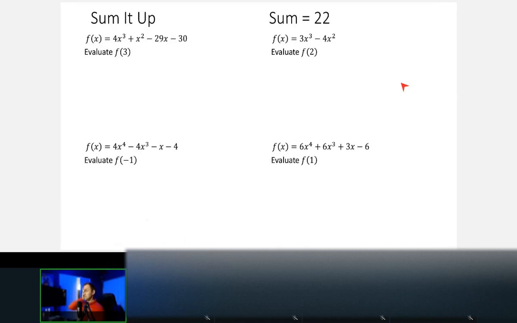So sad face if you finished all 4 but couldn't get 22 as the sum. Happy face if you finished all 4 and you got 22 as the sum. And the middle one if you're still working. All right. I'll give you another minute, but before we do, let's talk about if you're maybe stuck. So it looks like we're half and half.